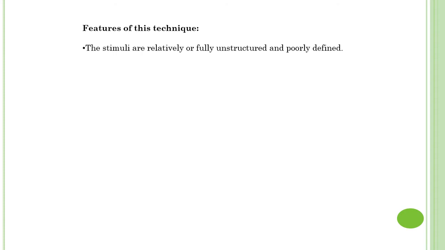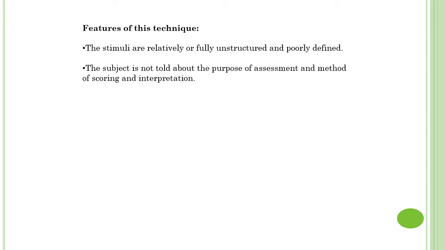Before moving on to the tests one by one, it is very important to understand the features of the projective technique. The projective techniques follow certain features. Number one, the stimuli are relatively or fully unstructured and poorly defined. Number two, the subject is not told about the purpose of assessment and the method of scoring and interpretation. Here the difference lies with self-report measures, where the subject knows that their personality is being assessed.